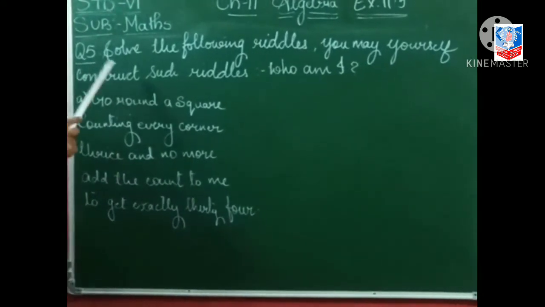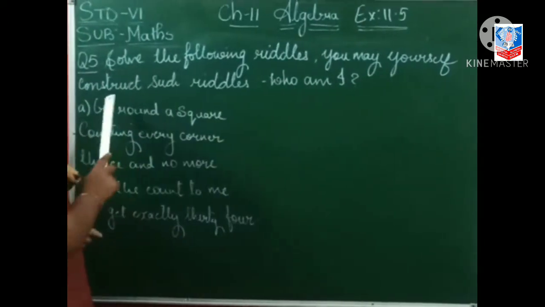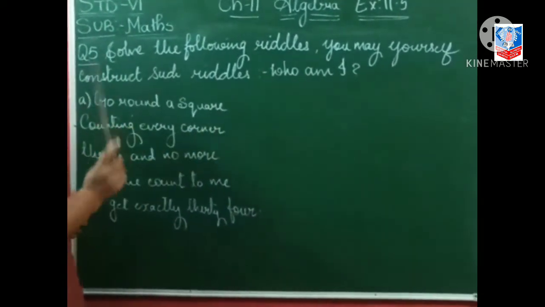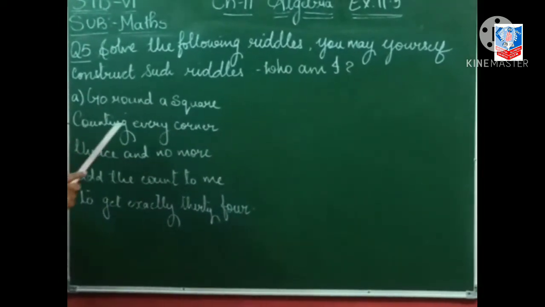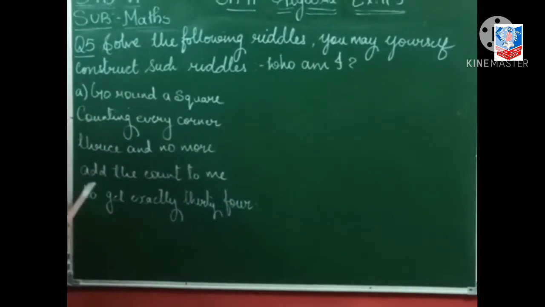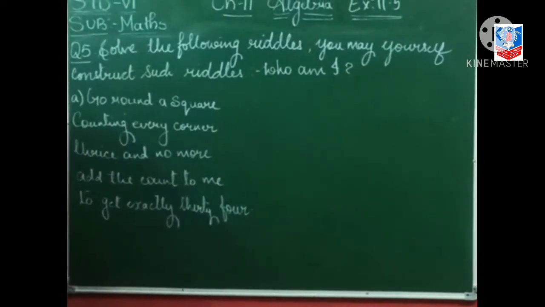Question number 5. Solve the following riddles. You may yourself construct such riddles and find who am I. First is, go round a square, counting every corner thrice and no more. Add the count to me to get exactly 34.